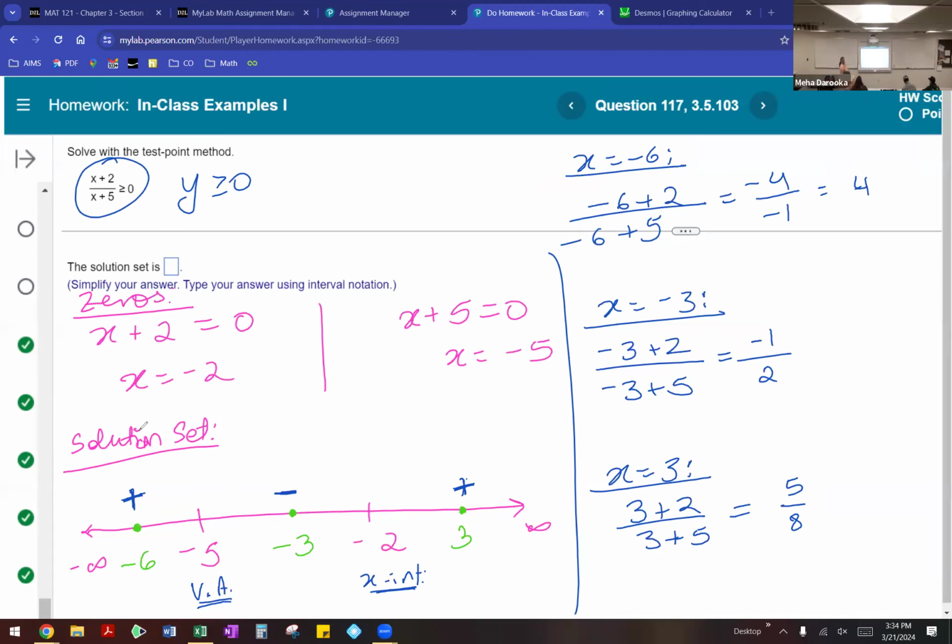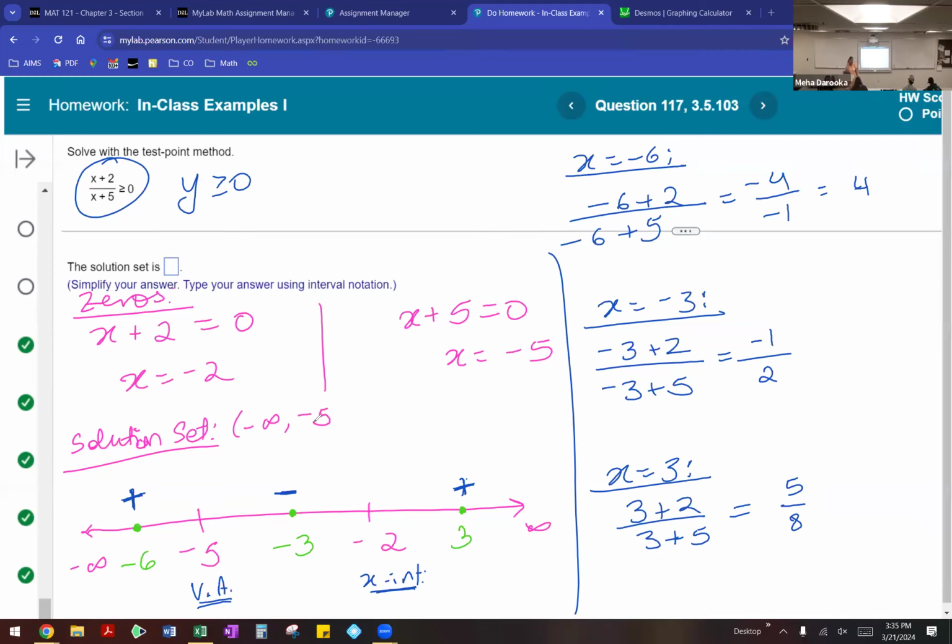Where your y value is greater than or equal to 0. Let's start with the greater than. What interval are we seeing the greater than? So that interval would be, no, -6 was the test, -5, yeah.